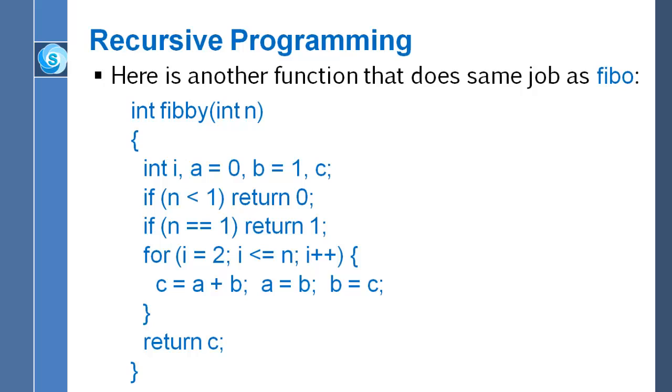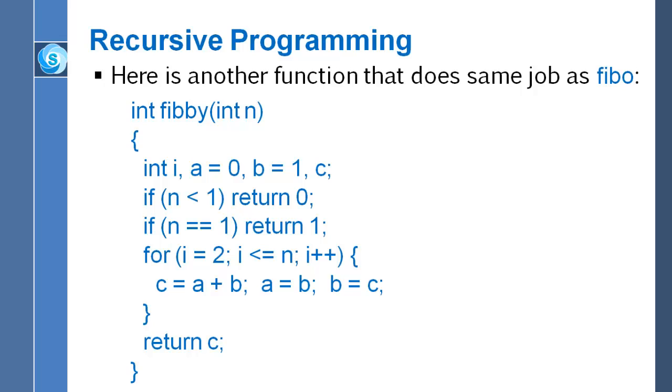The examples of recursion that we've seen so far are not very efficient, and they don't really have much compelling about them. In fact, the Fibo function is a terrible function. It's incredibly wasteful. And here's a different function that is non-recursive.